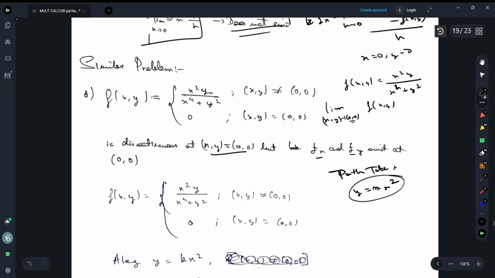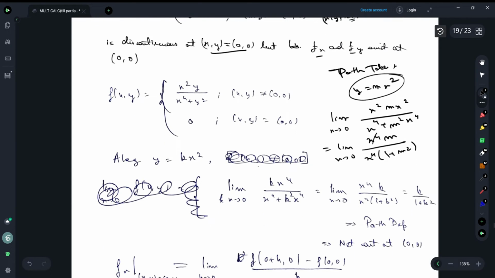So if we take this path, limit x tends to 0 implies limit y tends to 0, so we can use limit x tends to 0 only. Put y = mx² in the given function. So you have x² times m times x² over x⁴ + m²x⁴, which is the limit as x tends to 0 of x⁴ times m over x⁴ times (1 + m²). So x⁴ and x⁴ cancel out since x is not equal to 0.